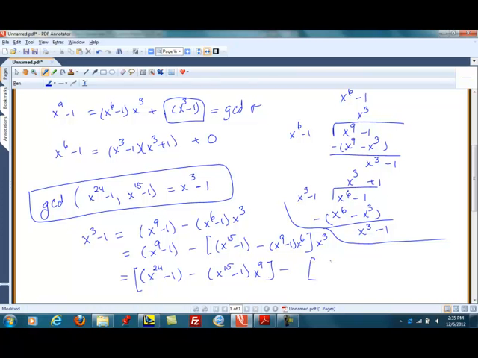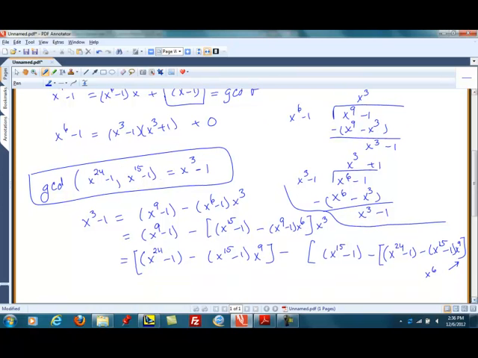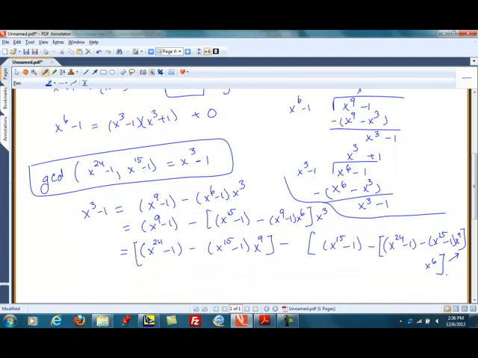And then we have x to the 15 minus 1 minus, plug it in here again, x to the 24 minus 1, two sets of square brackets, minus x to the 15 minus 1 times x to the 9. And then don't forget you have to get your x to the 6th in there. This is ugly. Sorry about that, guys. Close the big brackets, and then we have the x cubed on the outside that Haley caught.